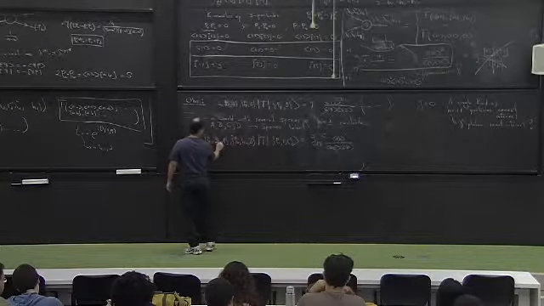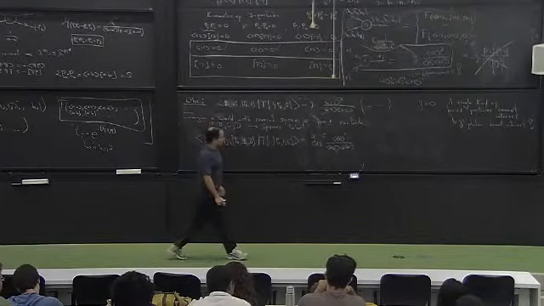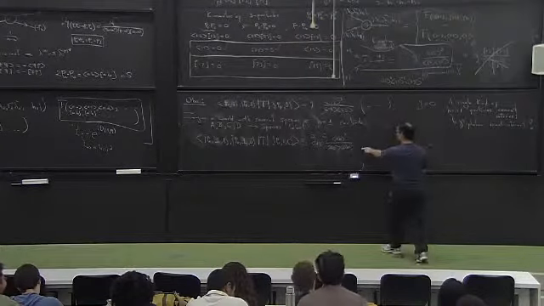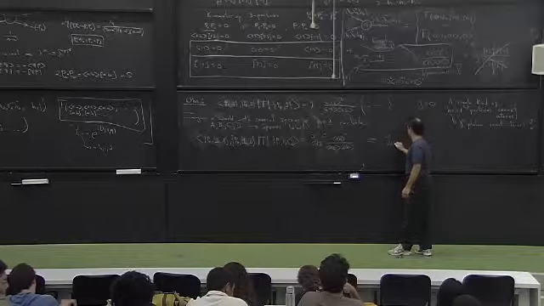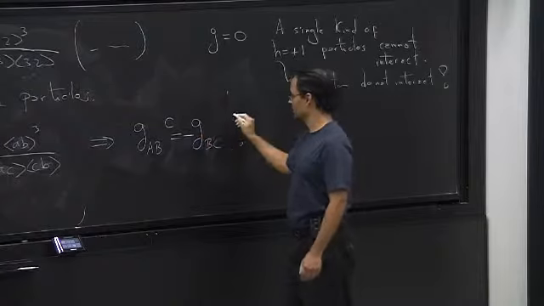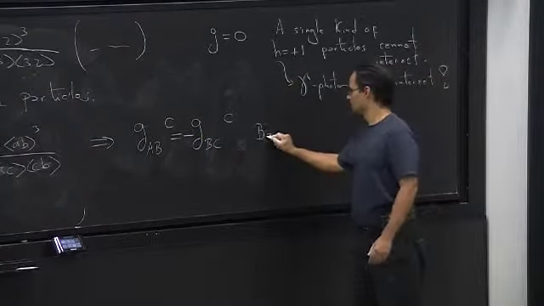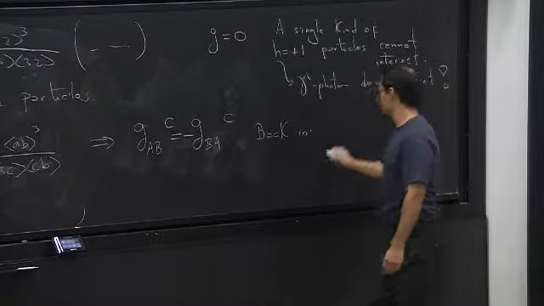Thank you. It's good that you guys are paying attention. Clearly, I'm not paying attention. So this means that if we declare that these coupling constants satisfy this, then we're back in business. B, A. Thank you. Again, yes.